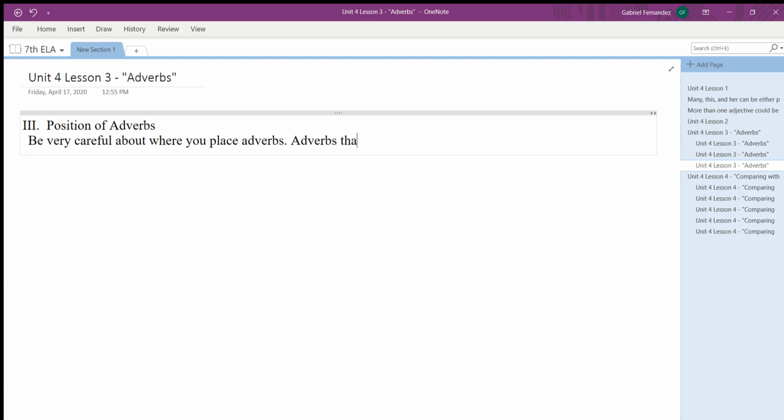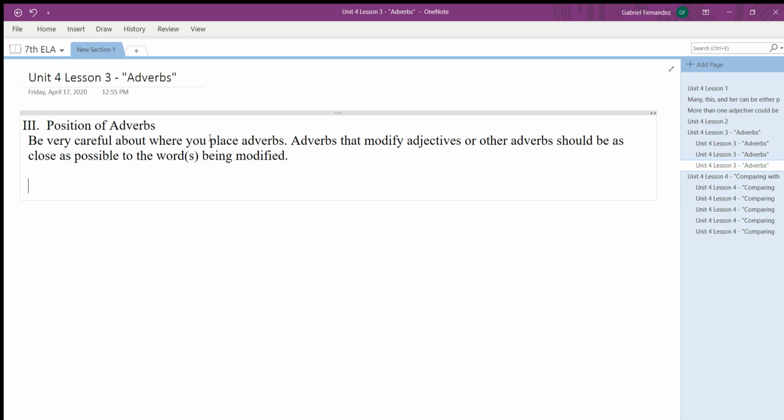Okay, adverbs that modify adjectives or other adverbs should be as close as possible to the word or words being modified. So best thing that you could do is always try to place your adverb as close as possible to the word you're modifying, especially in the case of adverbs modifying adjectives or other adverbs.